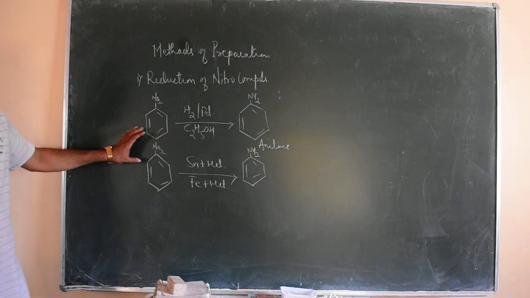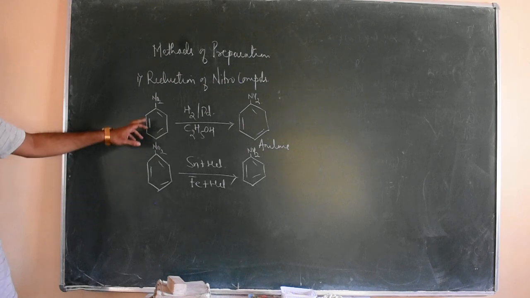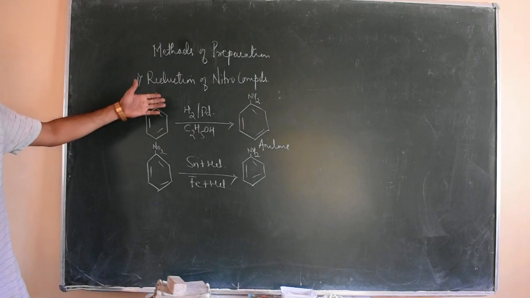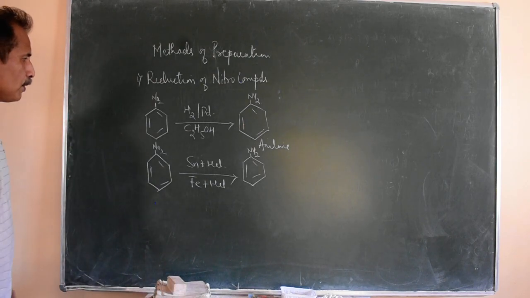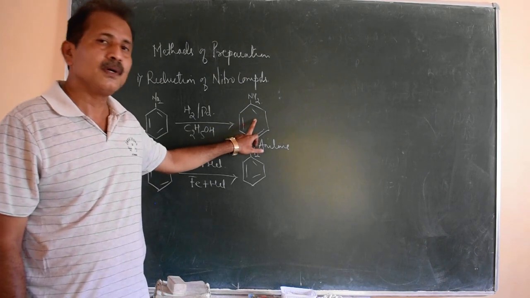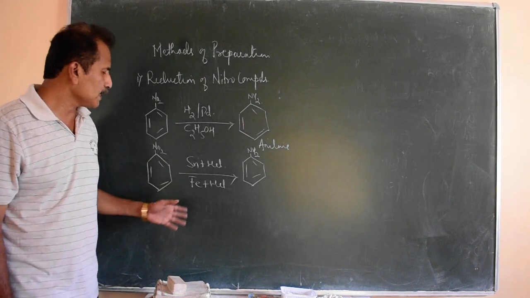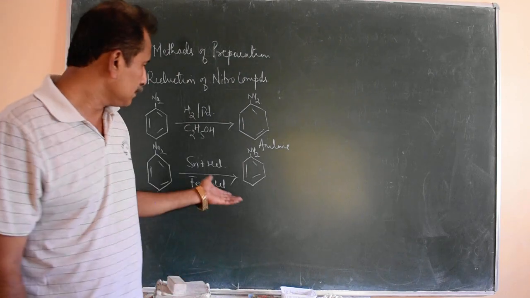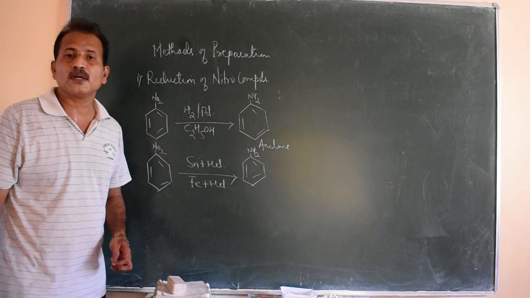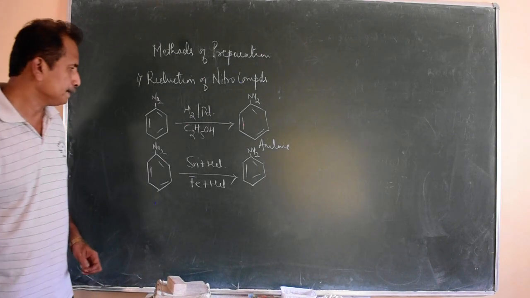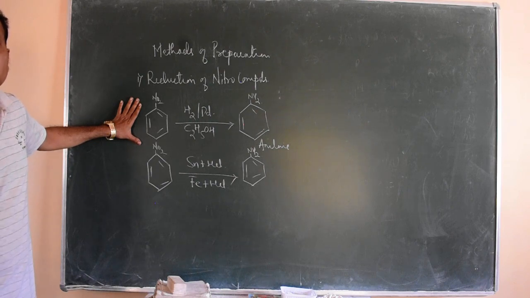So this is getting amines from nitro compounds. Nitrobenzene can be reduced using palladium or nickel in the presence of alcohol to give aminobenzene or aniline, or you can reduce using scrap iron in HCl, or tin and HCl, to give you your amines. So this is the first method of preparation: reduction of nitro compounds.